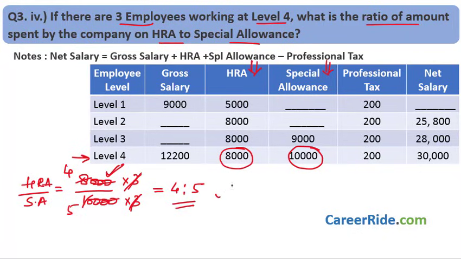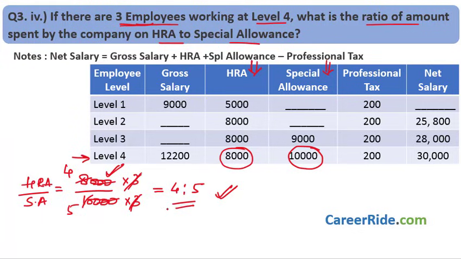So what you have to understand here in this type of questions is that this information, if there are 3 employees, is extra information given to me in the question, just to stretch the things. Use your mathematical mind, because these things do not have a direct impact on the question. They are not going to have an impact on the answer, okay?